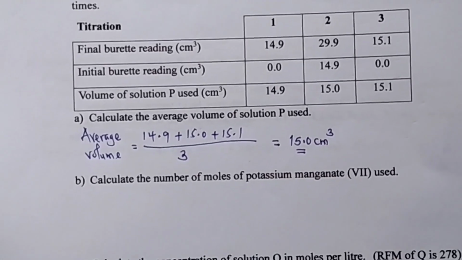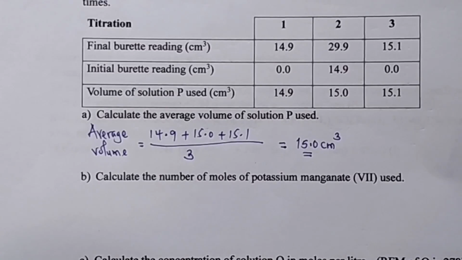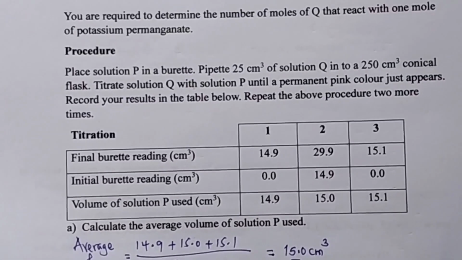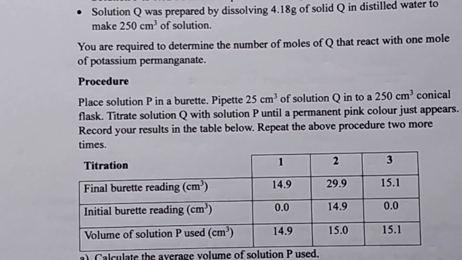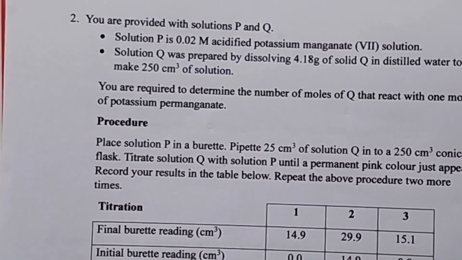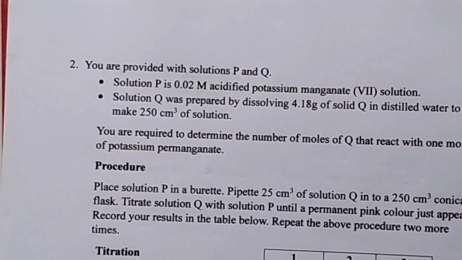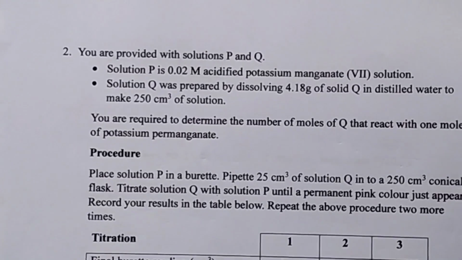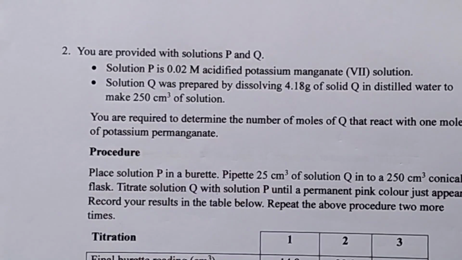So part B, we are to calculate the moles of potassium manganate(VII) used. We have gotten the average volume of solution B as 15 cm³. We are asked to calculate the number of moles of potassium manganate(VII), which was solution B, and we have the molarity as 0.02 mole.